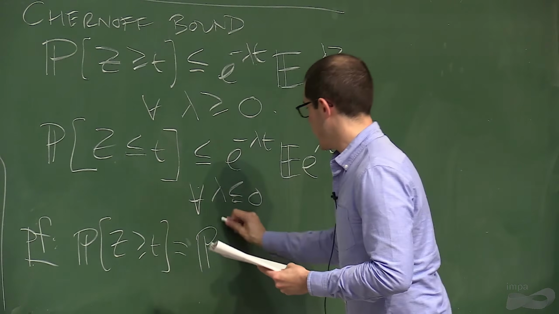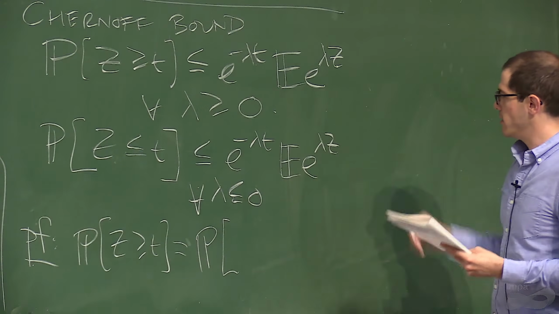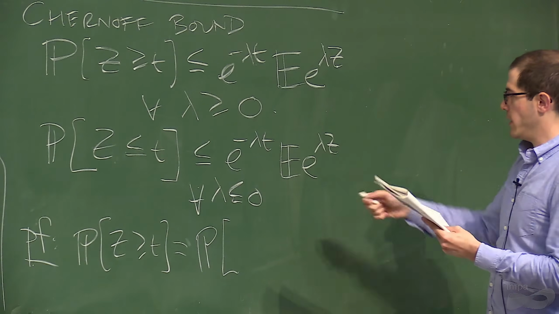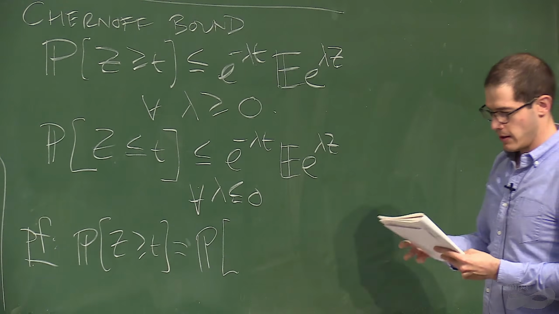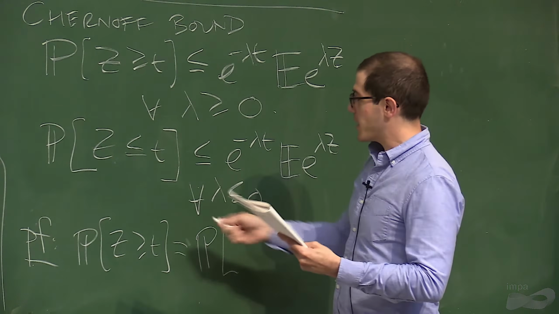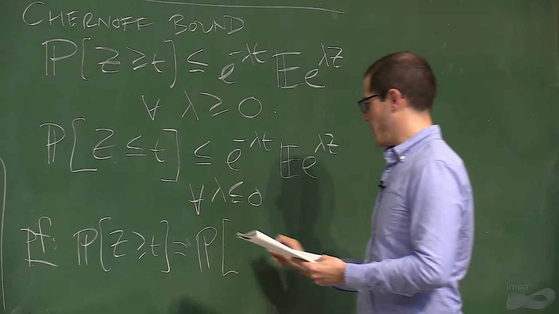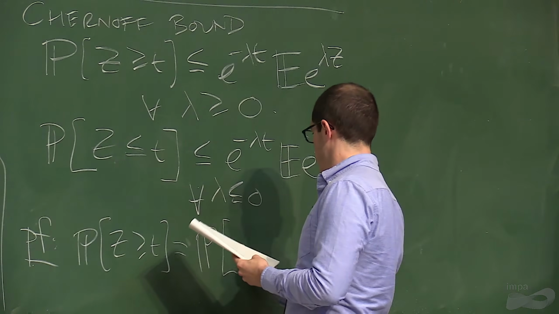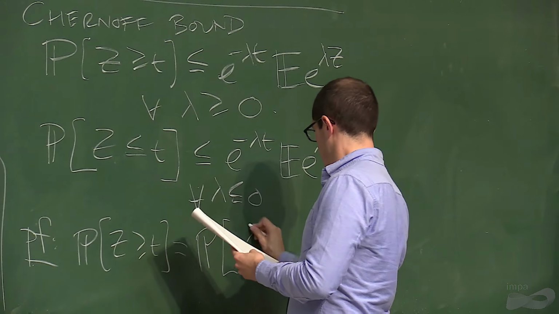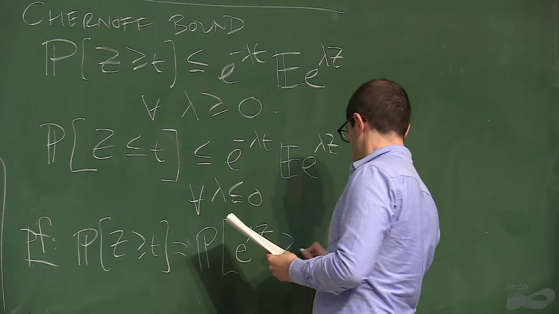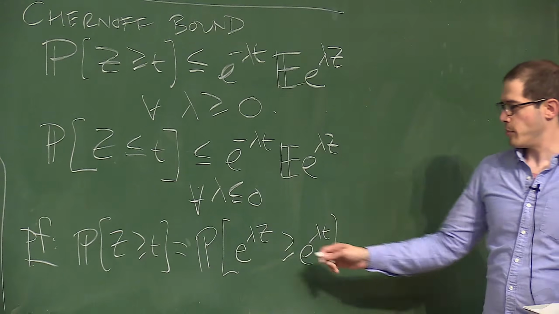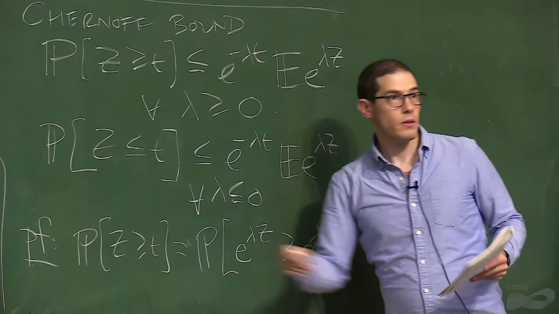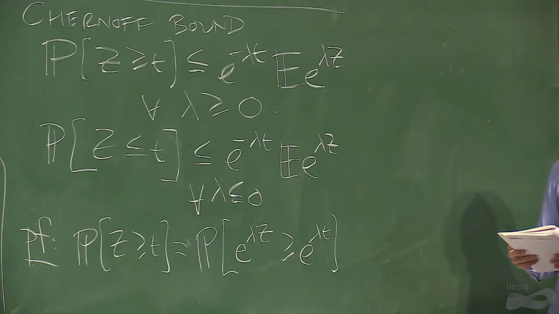I'm going to choose a monotone function, namely exponentiating lambda times the thing. So all I did was apply a monotone transform to both sides.